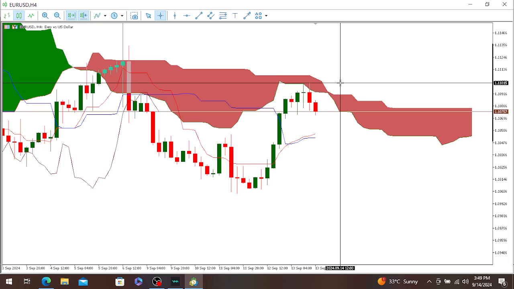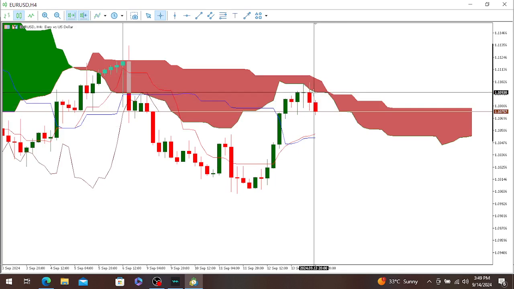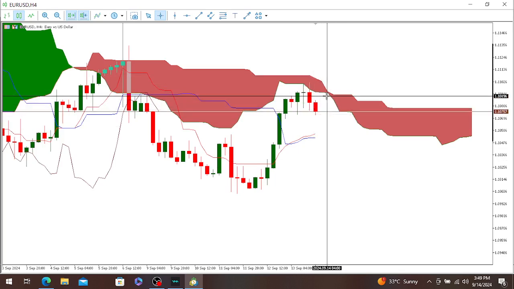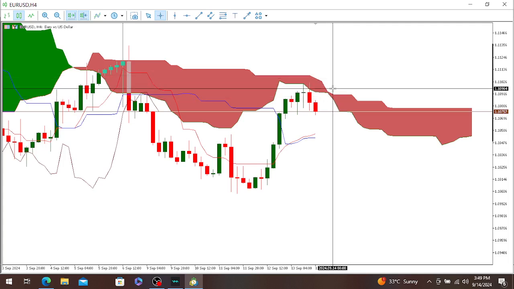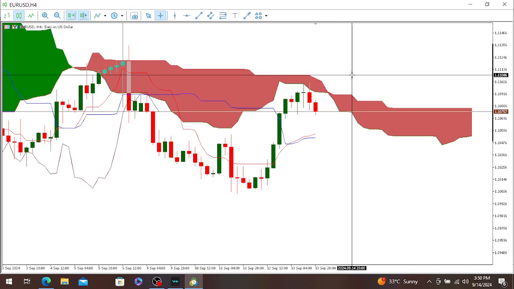So we can exit the trade and then start looking for setups and opportunities to start buying, but based on analysis. We don't just reverse just because price has crossed this line. Right, so this is just a safety measure. If price reverses, crosses this cloud here, and then gives a confirmation to the upside, then you can exit the trade and then wait for the next setup to look for opportunities to buy.